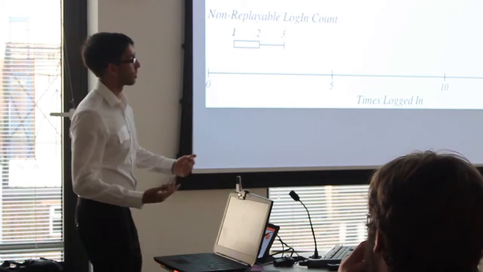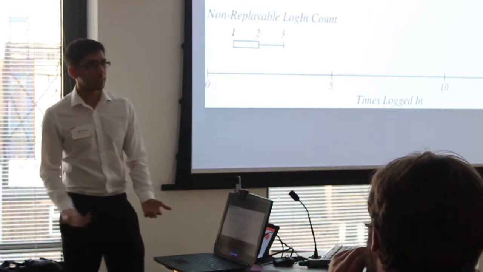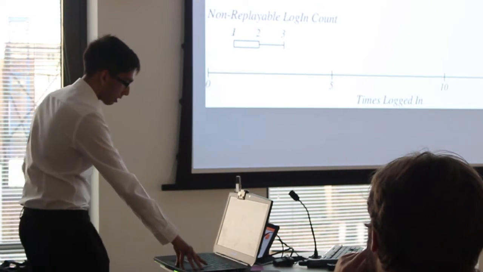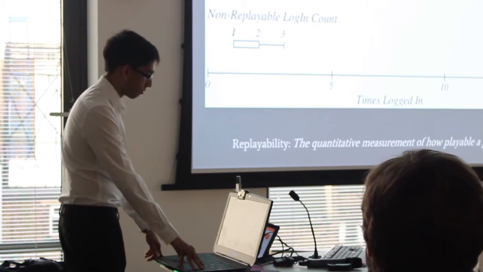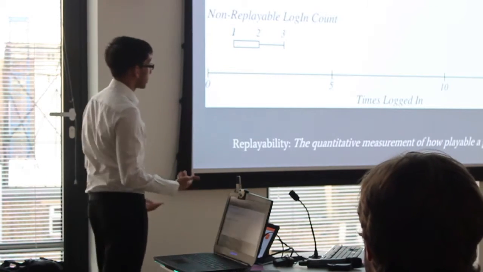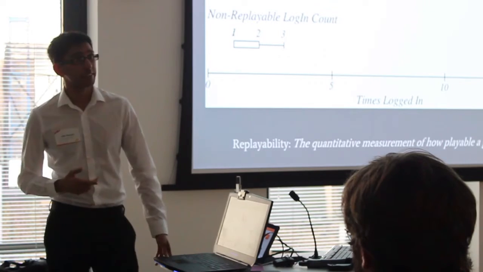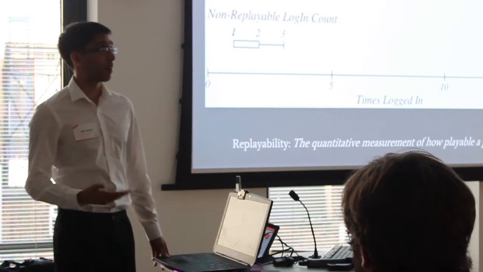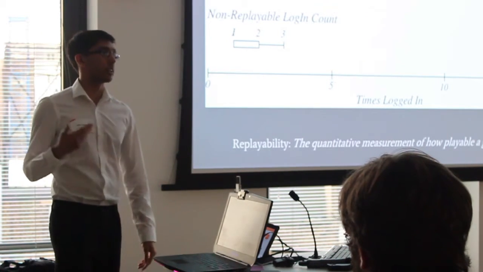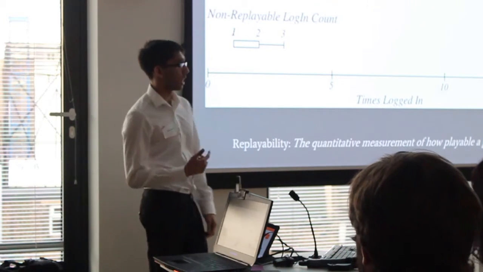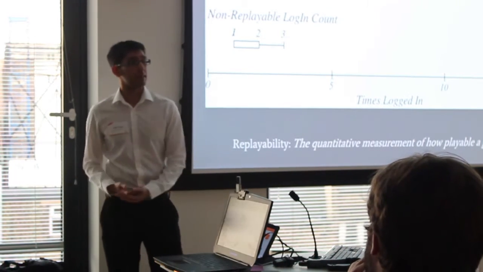But so what? I've got these numbers. Some people like my game. What does that have to do with my project? As I said at the beginning, if you only remember one thing, replayability is the quantitative measurement of how playable a game is. And as I've said, playability is the binary measurement of whether or not a game is enjoyable to a player. So how many times a player has sat down to play a particular game.